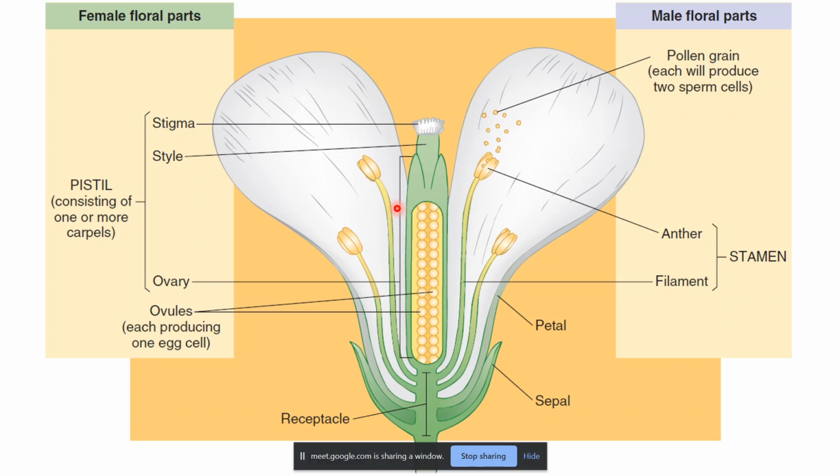The neck of the carpel is called style, and the top is called stigma. So the pollen grains will go to the stigma, and then they will make a tube that allows the sperm cells to fuse with the egg cell.